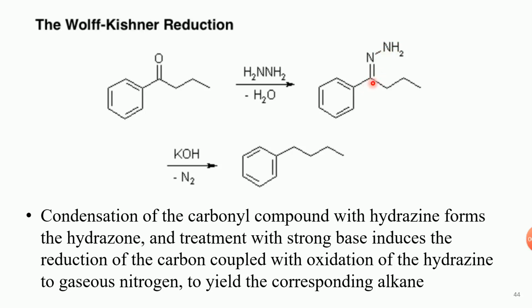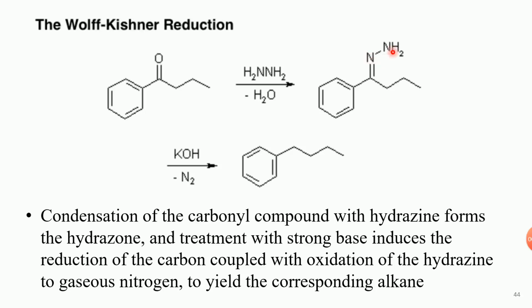This carbonyl carbon is bonded with the carbonyl oxygen in the starting material, but if you see the product, this carbonyl carbon loses its oxygen and gains two hydrogens, that is reduction is taking place at this carbonyl carbon.